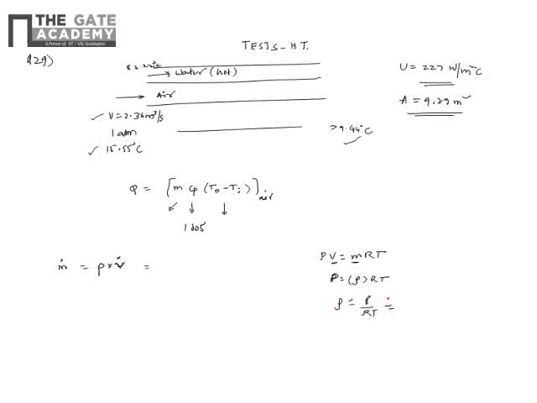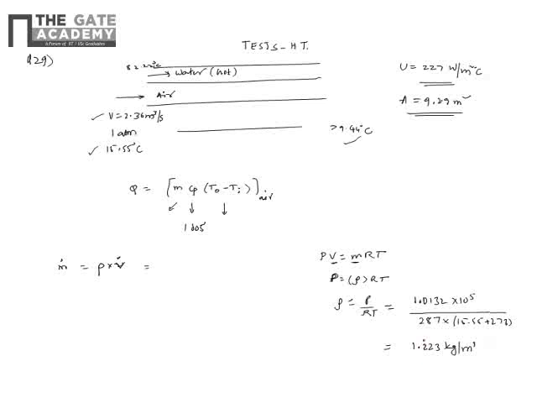So let's find the density first and then we'll multiply. The pressure we take as 1 atmosphere, that is 1.0132 into 10 power 5, and R is 287 for air, and the temperature is the starting temperature, 15.55 plus 273. If I calculate this, the value comes out to be 1.223 kg per meter cube.